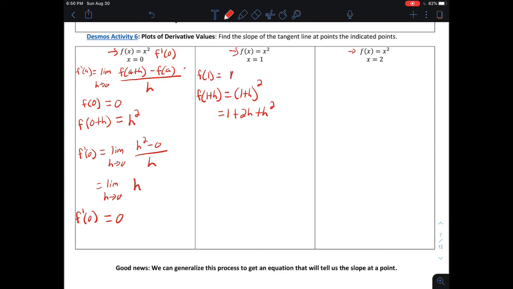And now I can go back into my limit and plug all this back in. So f prime of 1, my tangent line at x equals 1, is going to equal the limit as h approaches 0 of 1 plus 2h plus h squared minus f of 1, which is 1, over h.